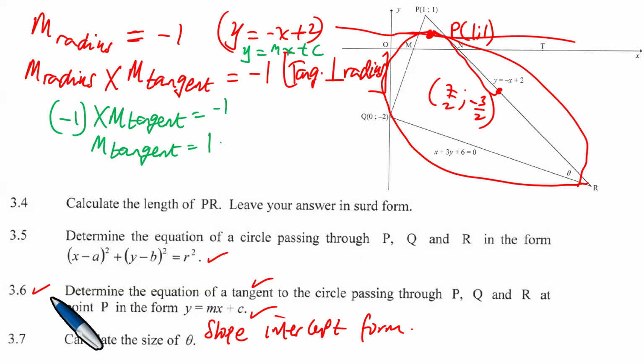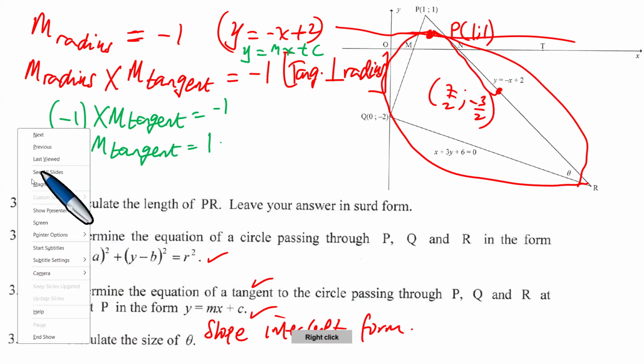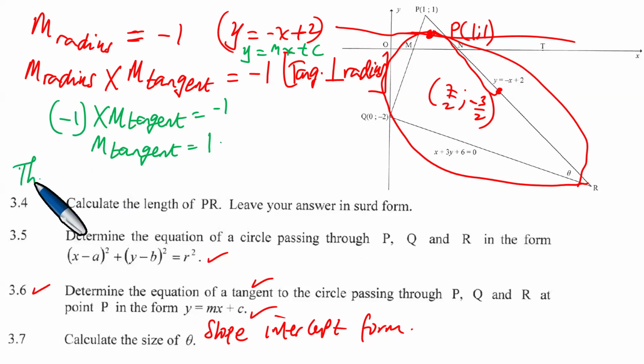So now we know the gradient, but this tangent passes through a point, because they said the equation of a tangent to the circle passing through P, Q, and R. The tangent is at the point P. It's a line through the point P, and therefore this tangent is through P with coordinates 1 and 1.